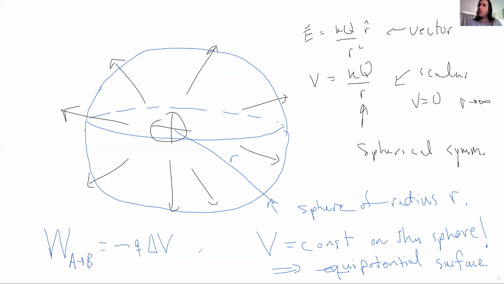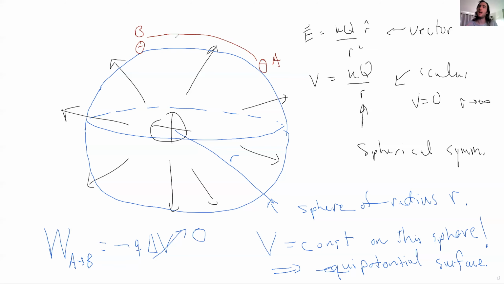And so if we're on an equipotential surface, no work is required to move that charge around. So if I had another negative charge on this surface and I moved it somewhere else on that surface, then it requires no work from me.